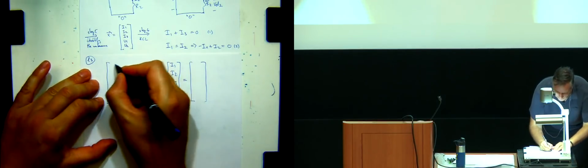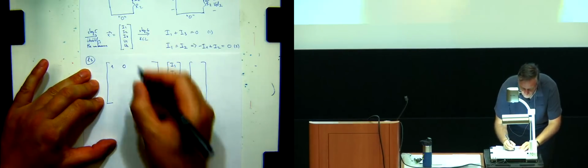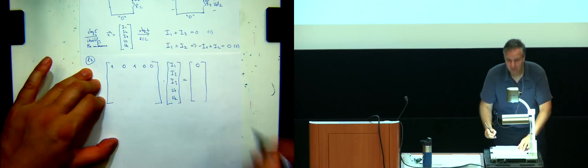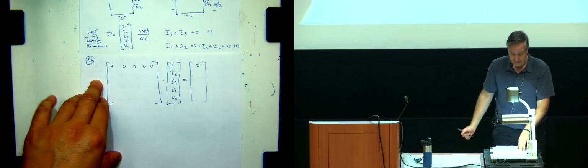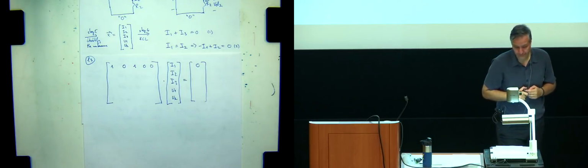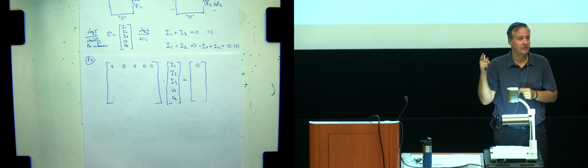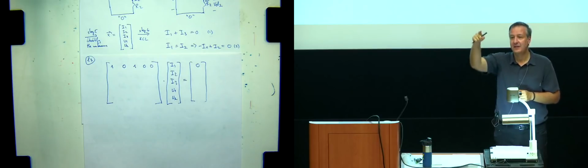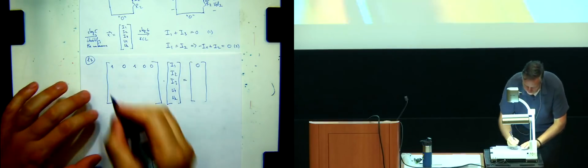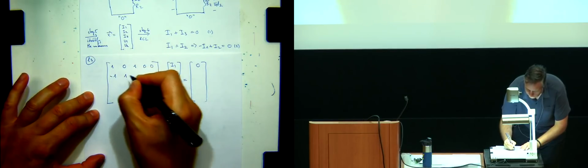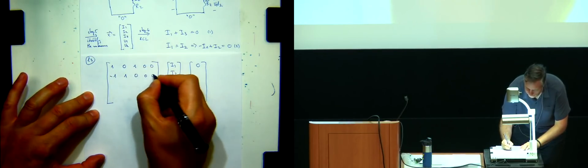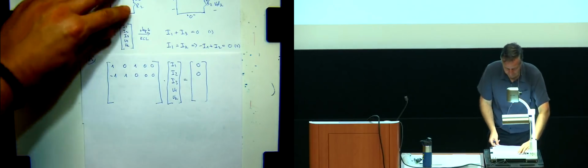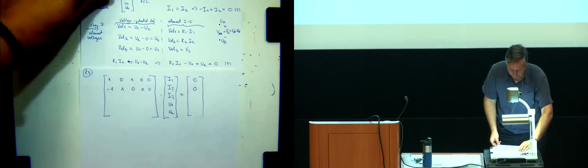Okay, so we have 1, 0, 1, 0, 0 equals 0. Okay, good. The second equation, second row: 1, 0, 0, 0 equals 0. Okay, great. Now let's move to number 3.